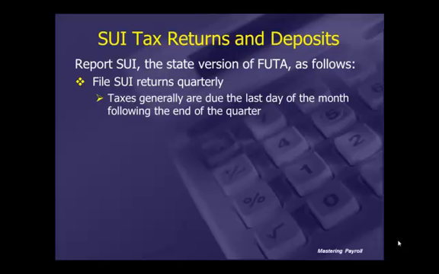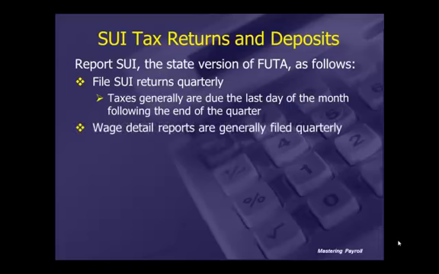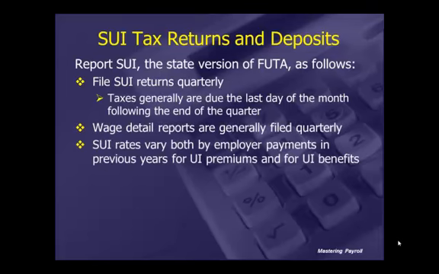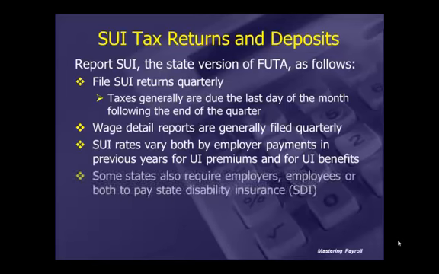So if January, February, March is the quarter, that's the first quarter, then you would file the return by April 30th, generally, but you need to check with the state. Wage detail reports are generally filed quarterly. State unemployment insurance rates vary by employer payments in previous years for unemployment premiums and for unemployment insurance benefits.